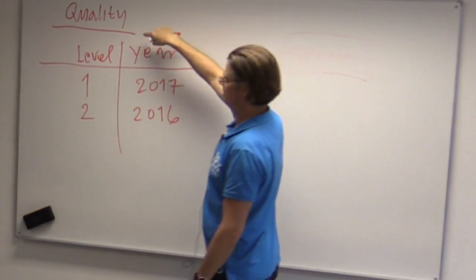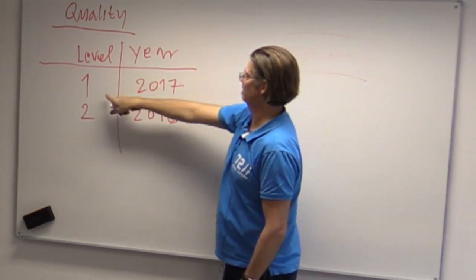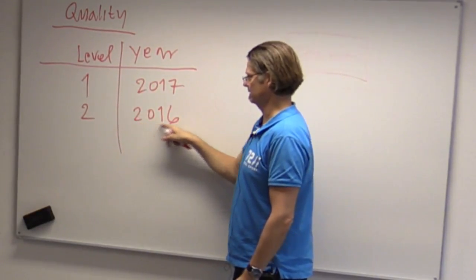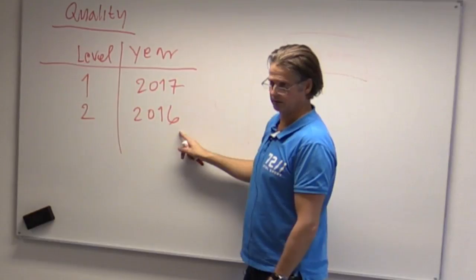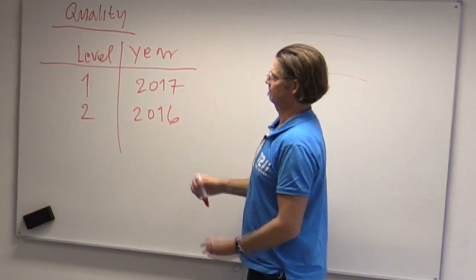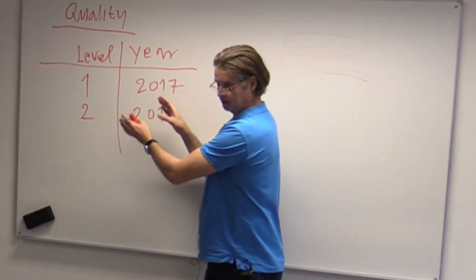The quality table has 2 columns, level and year. The level is 1 at year 2017 and it's 2 at 2016. So it went down a bit compared to last year. But remember, this is not the end product of this table.